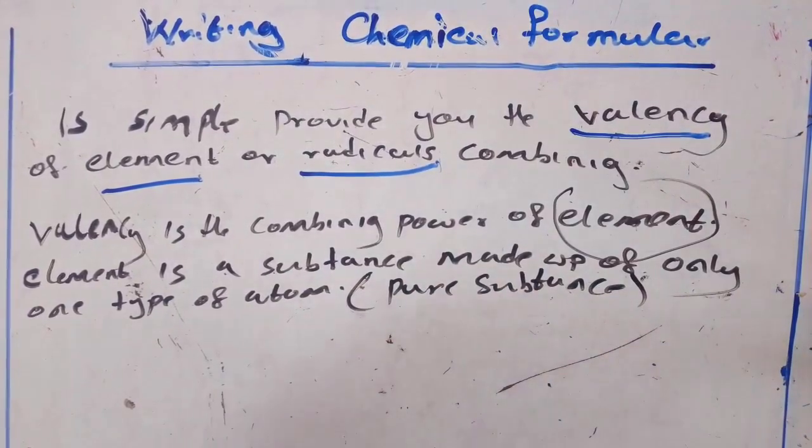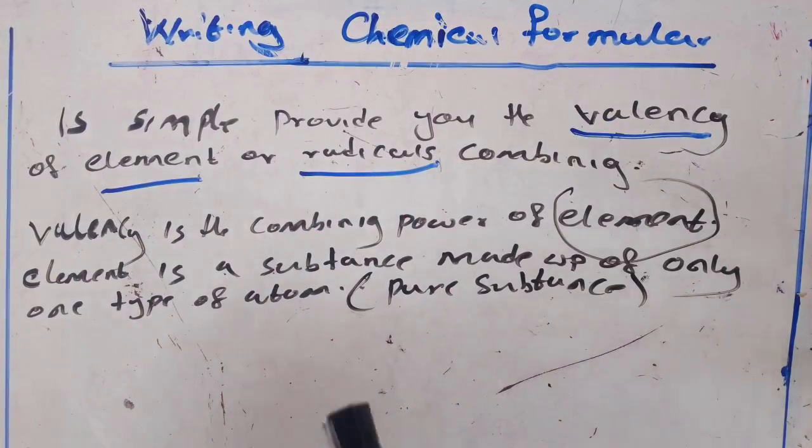Having defined these two terms, we're going to know what a radical is. A radical is a group of atoms that cannot exist on their own but need to combine with other radicals or elements in order for them to exist.